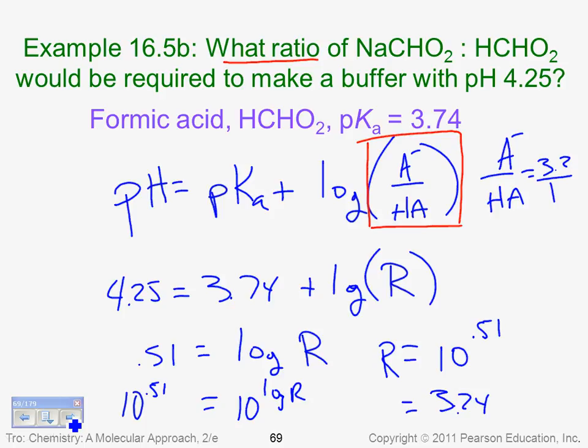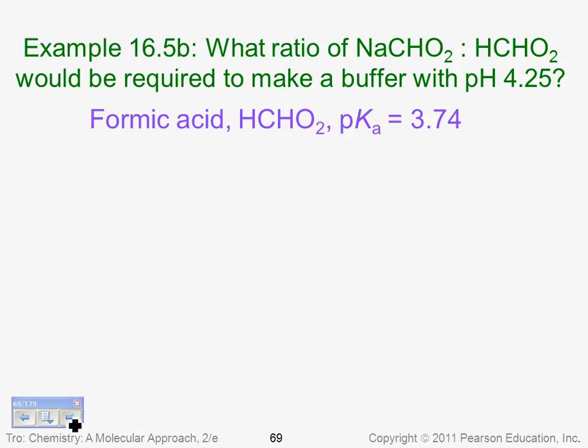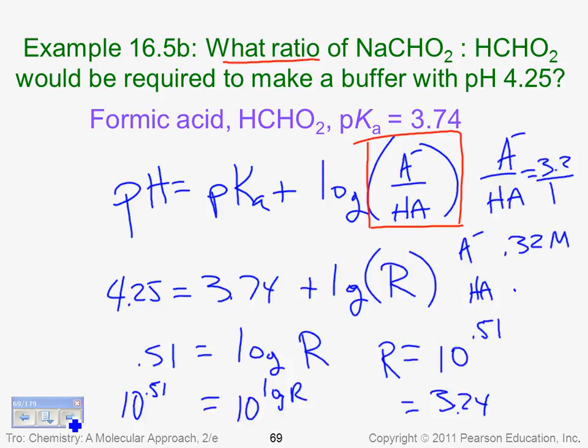So let's make the A minus 0.32 molar, and let's make the HA 0.01. It really doesn't matter as long as that ratio is 3.2 to 1.